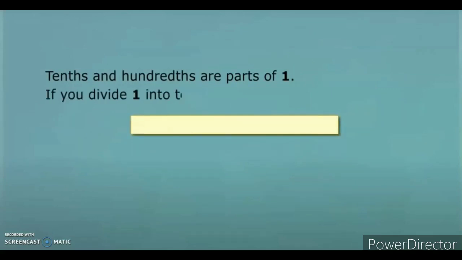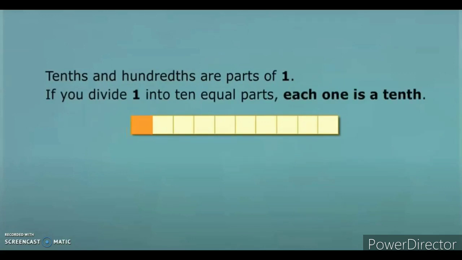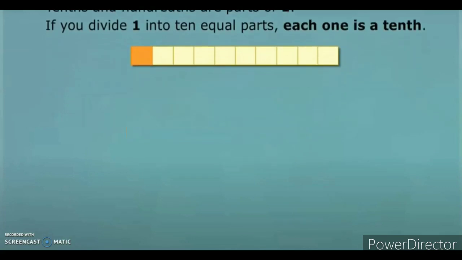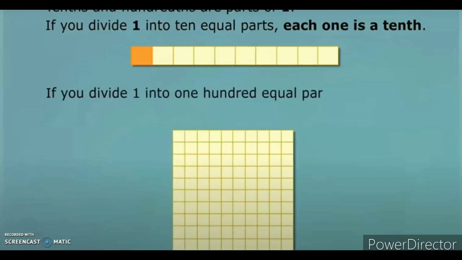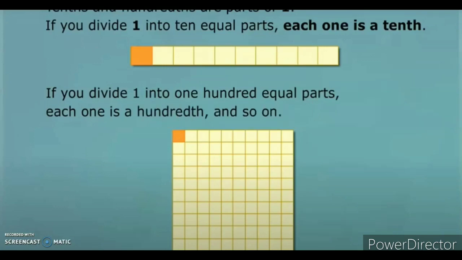If you divide 1 into 10 equal parts, each one is a tenth, or you can say it is 1 by 10. If you divide 1 into 100 equal parts, each one is a hundredth, and so on. Same if you divide 1 into 1000 parts, then it is a thousandth.